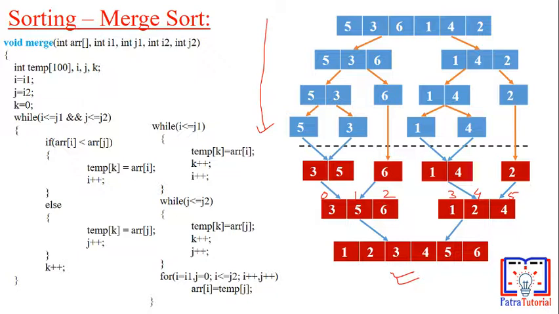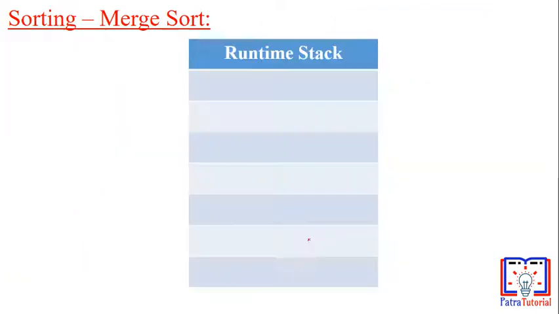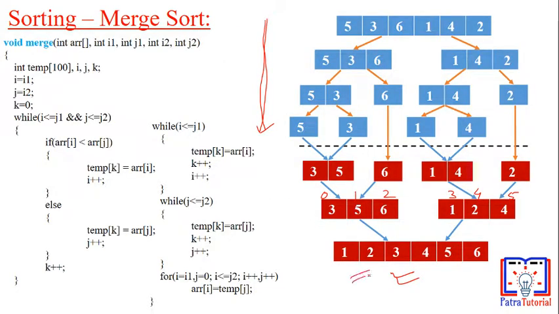I have shown you the execution sequence one by one, and how the runtime stack maintains the order of execution, that means after which instruction the next instruction is executed. Then it checks the runtime stack whether all instructions are completed. Now nothing is there in the runtime stack, so our program execution is completed, and this is the final sorted array.